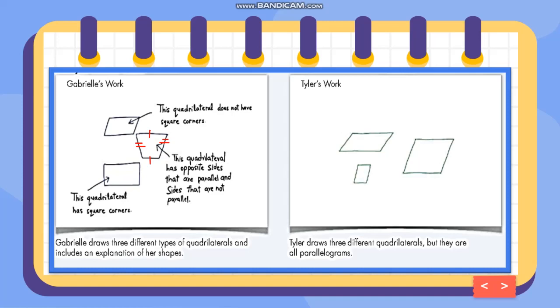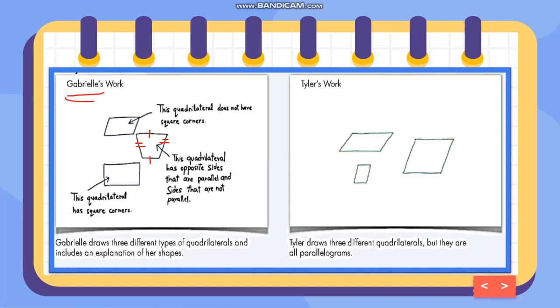So based on this quadrilateral, there is one pair of parallel sides and the other pair of lines are not parallel. And there's another example of a quadrilateral, and it has four square corners. So that is for Gabriel's work.